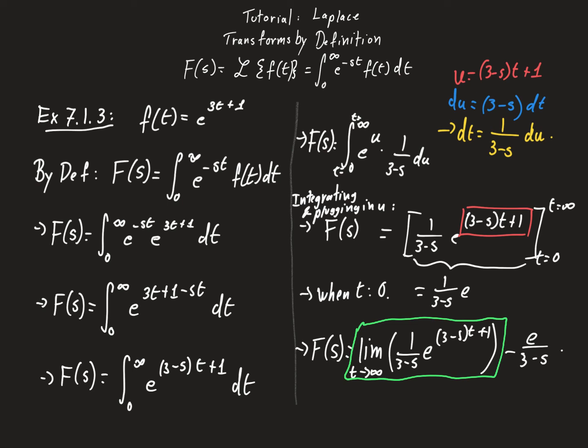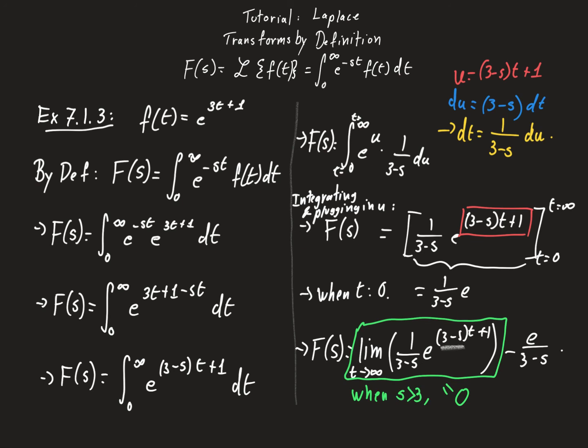And you will note that when s is strictly greater than 3, this guy up here is equal to 0. And the reason for that is that if this number here in front of the t is negative, then as t gets large, this exponential will go to 0.